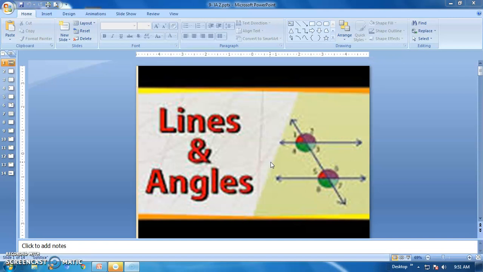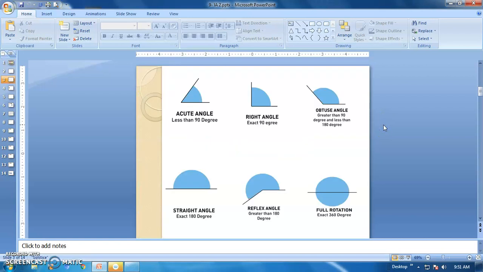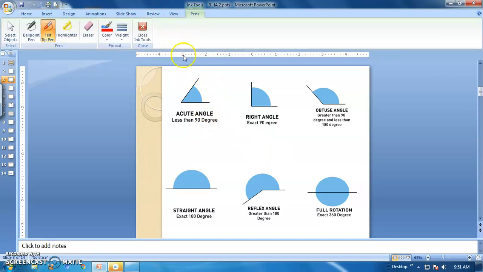Our topic is lines and angles, and the basic angles are these six: acute angle, right angle, obtuse angle, straight angle, reflex angle, and full angle, that is full rotation, 360 degrees. The acute angle is less than 90 degrees, and exactly 90 degrees is a right angle.